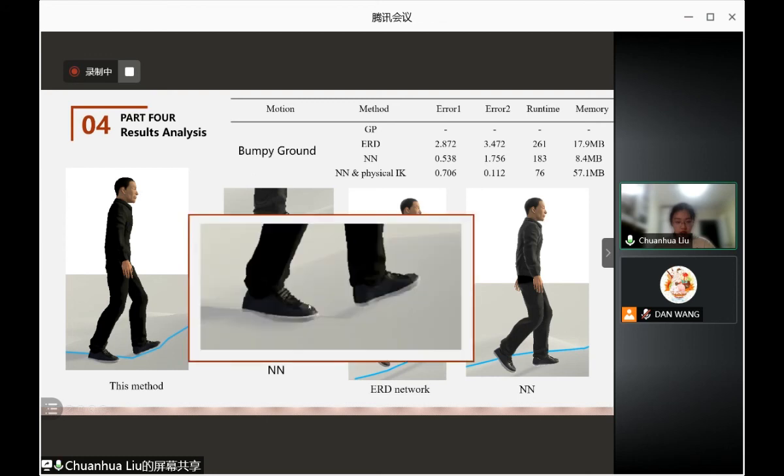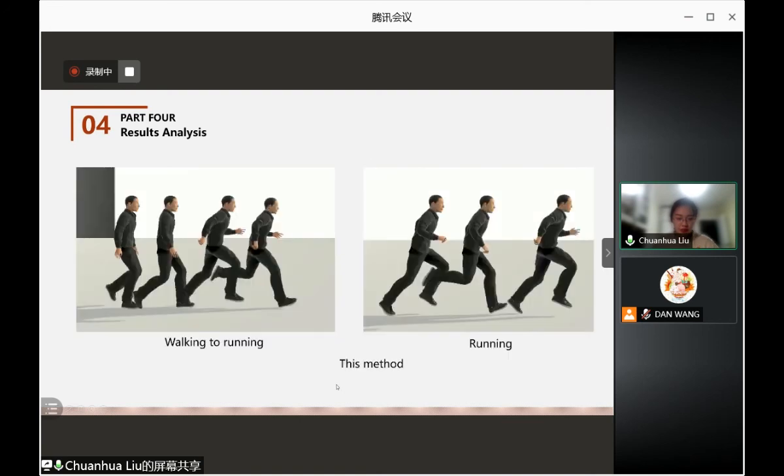Our method performed very well at fitting the terrain. So it has very good performance in different states, and here is a result of our method going from walking to running and stable running. It also performs well.